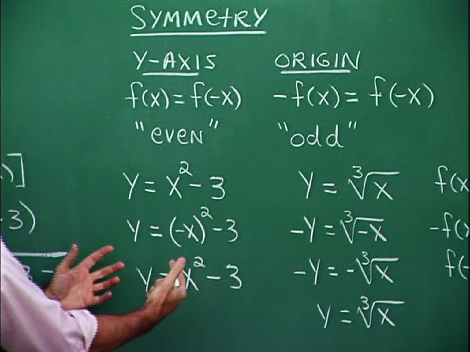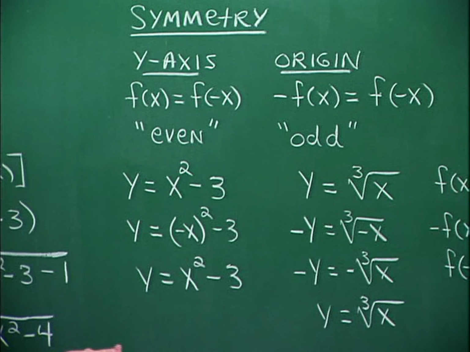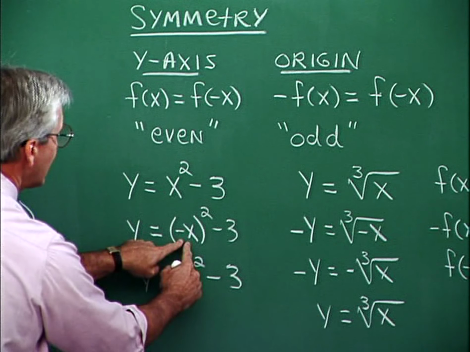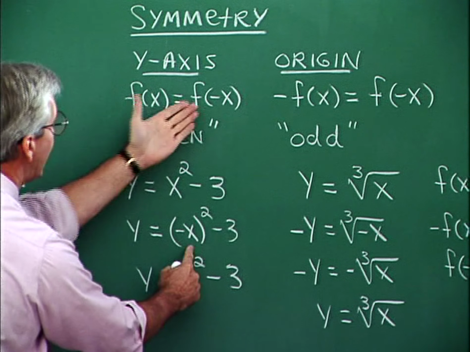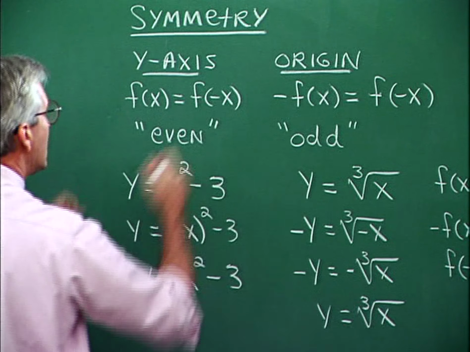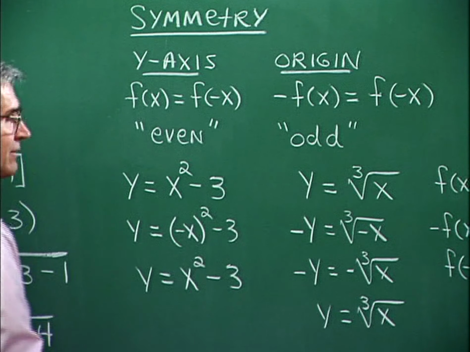And so we say, yes, we have symmetry about the y-axis. But I want you to understand that in doing this, what are we writing? Well, this is f of negative x. This is consistent with the notation that we have here. At any rate, this kind of function is said to be even.